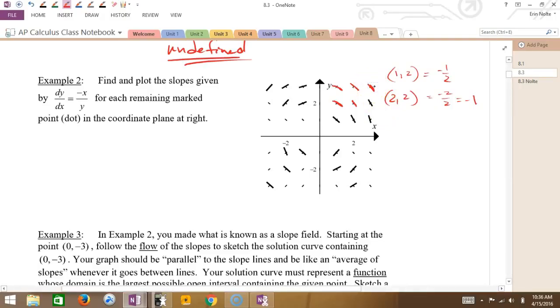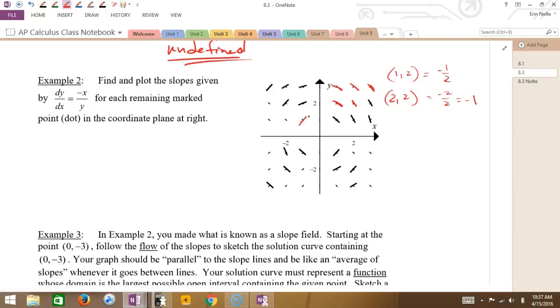Okay, let's go this way into this quadrant. None of these are drawn. This point is negative 1, 1. What's the slope at negative 1, 1? So 1. Everybody say 1? So it's just the opposite.